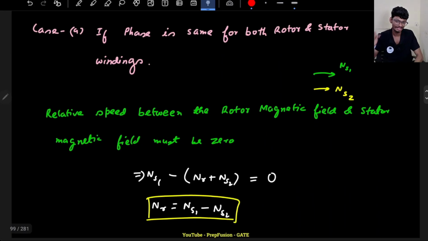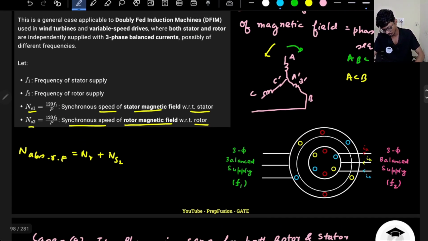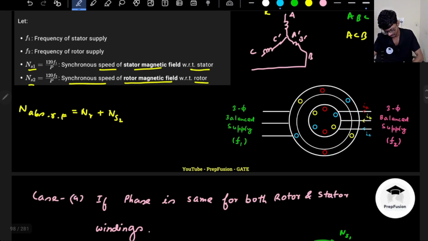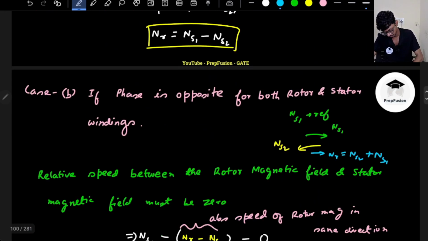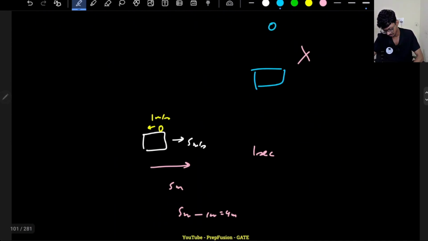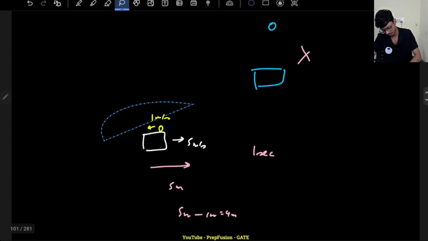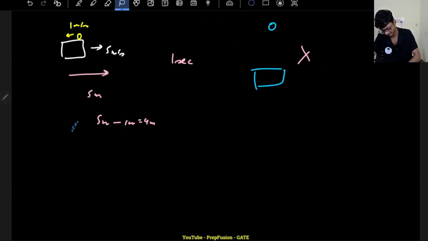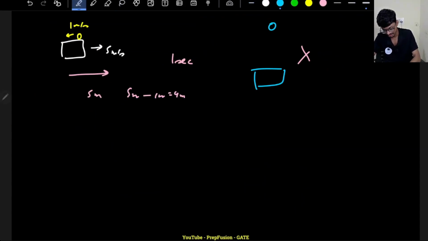If the rotor speed is less than the highest synchronous speed, let's take an example. So what is this particular arrangement useful for?